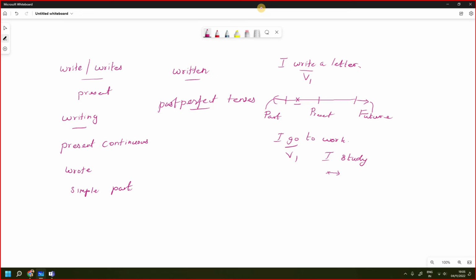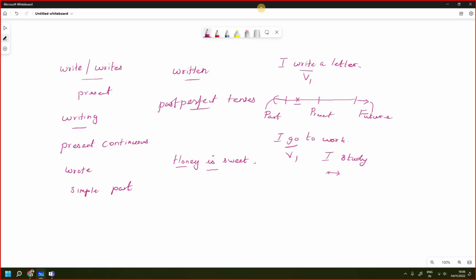I'll give you one more example. Imagine something that doesn't change in the course of time. For example, honey is sweet. Look at the auxiliary verb that I'm using: is. This is a present auxiliary verb.